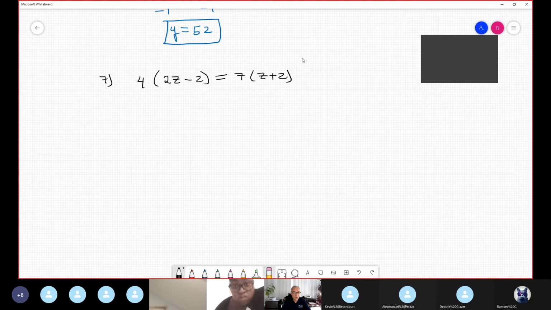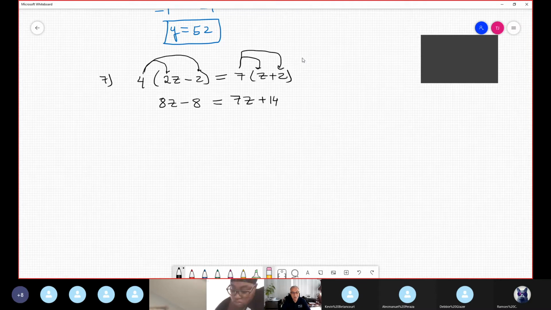When you apply the distributive property, we have 8z minus 8, multiplying this and this. On the right-hand side, we have 7c plus 14. Remember, my recommendation is the variable on the left, this stays here, and this 14 stays here, I bring down.